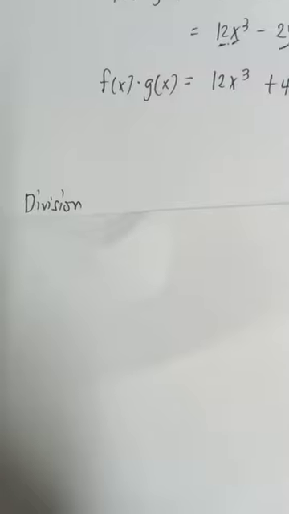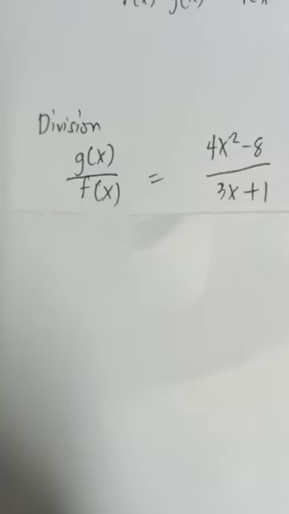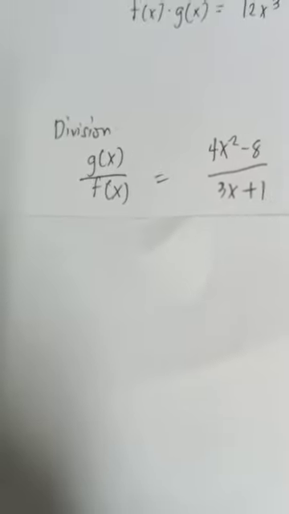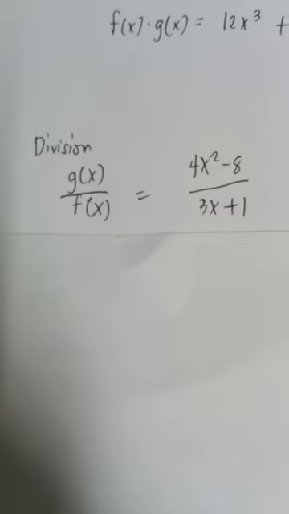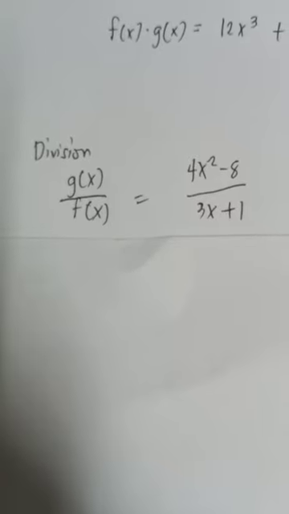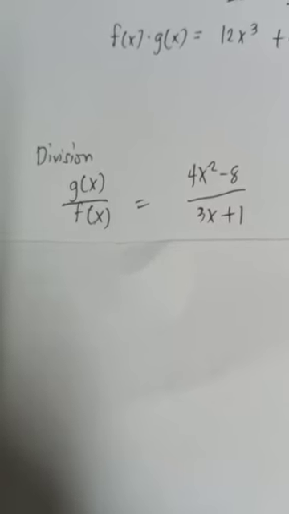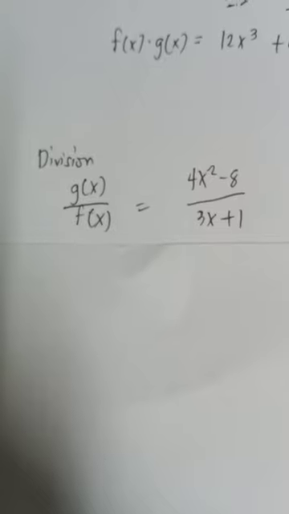So now let's proceed to the division. So we have this problem, g of x over f of x, and it is equal to the 4x squared minus 8 over 3x plus 1.